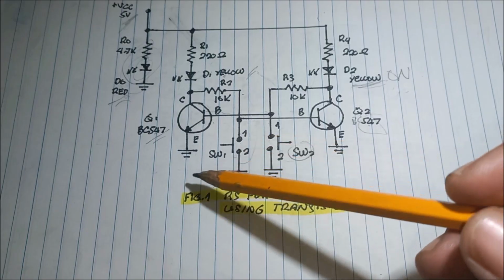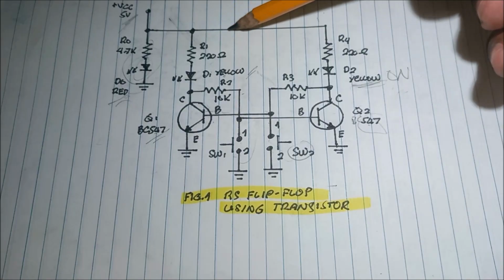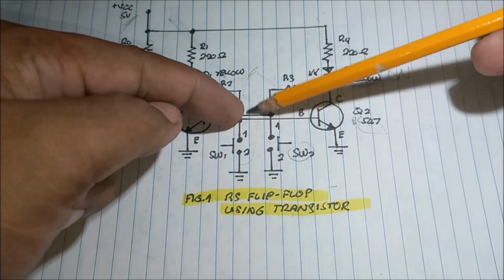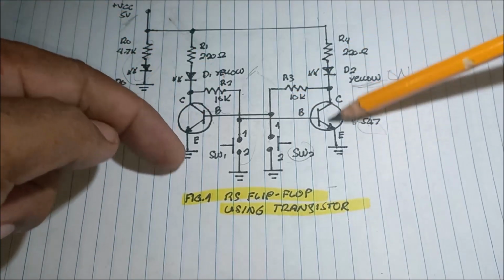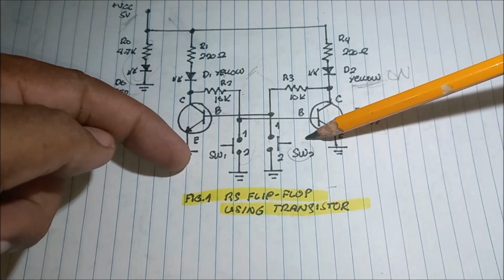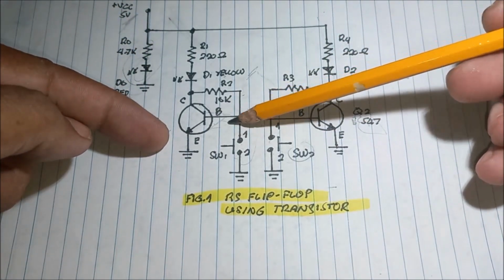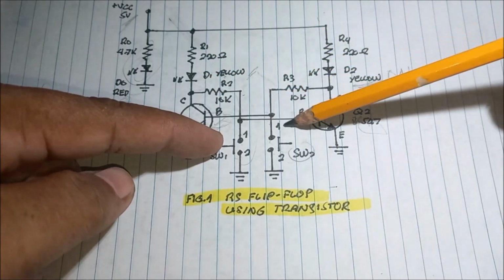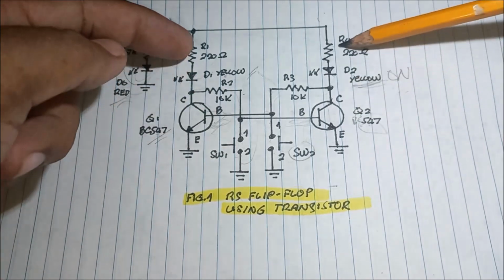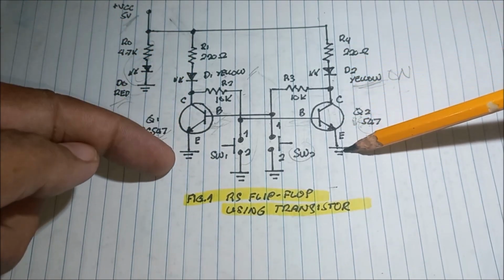In theory, when you analyze the current flow, both should be on at the same time, because here we have the switching current to the second transistor, so the current now flows into the ground, so the yellow LED turns on.